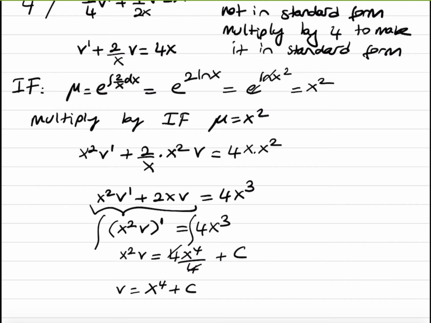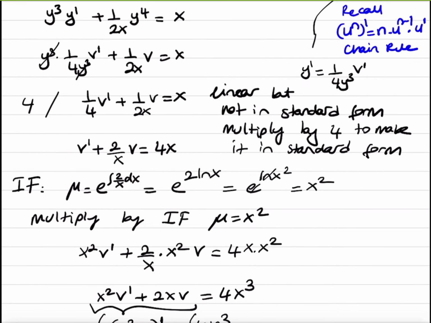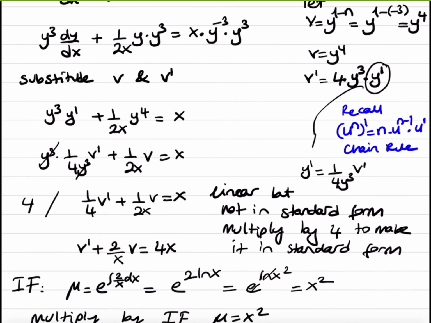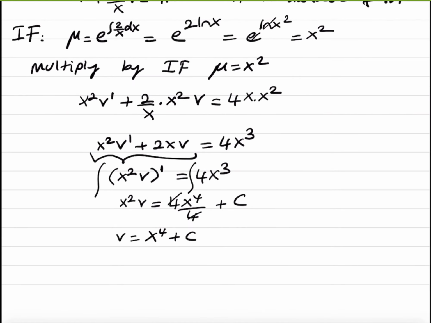But if you leave it like this, you will get minus 5 points, because what is v? You need to substitute v back. So v was y to the power 4. So don't forget to substitute v back.